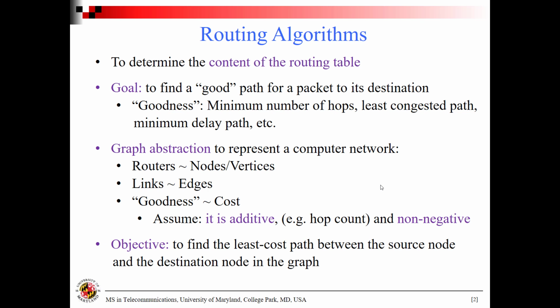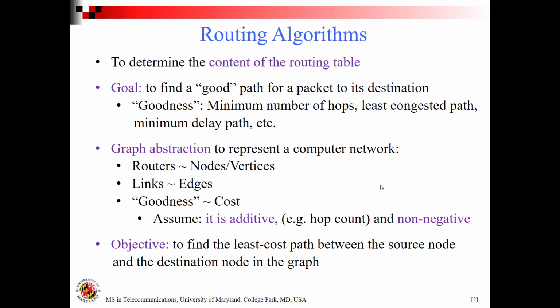However, not all goodness metrics are additive. For example, congestion level is not additive. So that would not be an appropriate metric, at least for the discussion of today's routing algorithm.